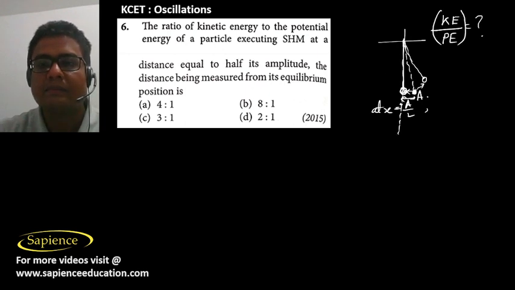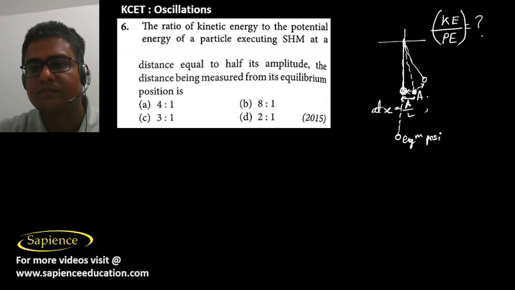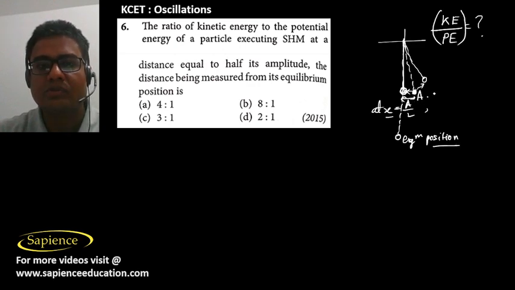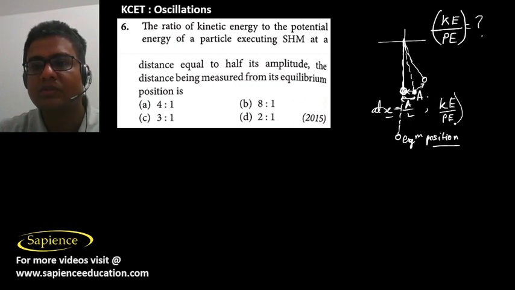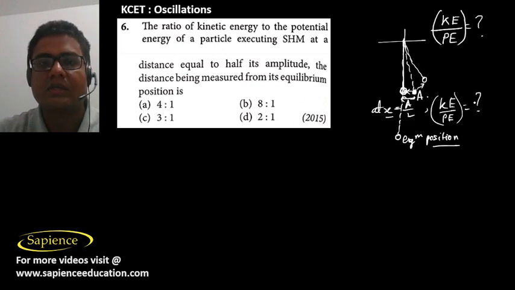So this one is the point O, this is the equilibrium position. From the equilibrium position only, the distance x is being measured, that is half of the amplitude. And so at x equal to A by 2 only, we have to find the ratio of kinetic energy to the potential energy of this particle executing SHM.